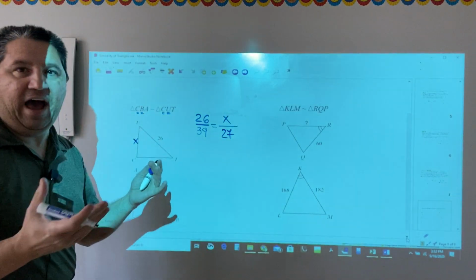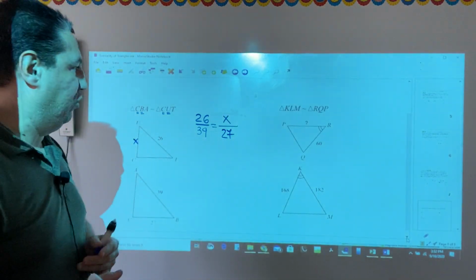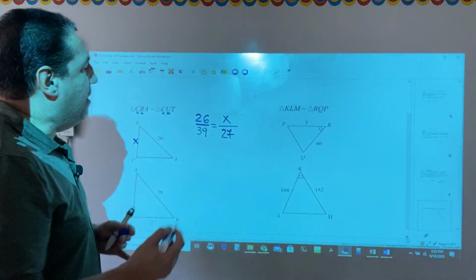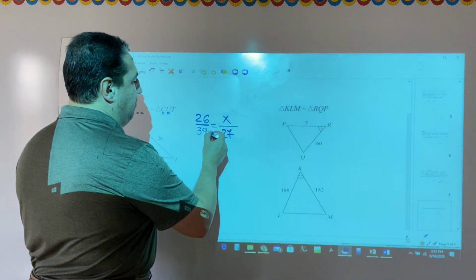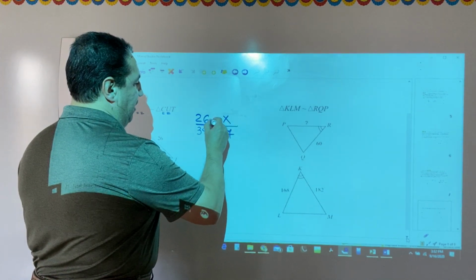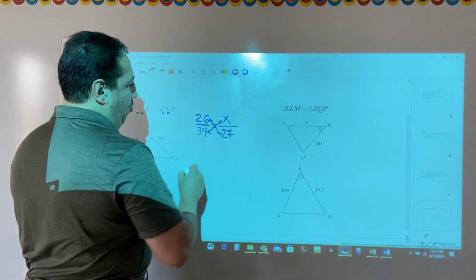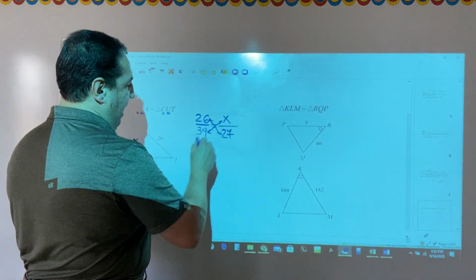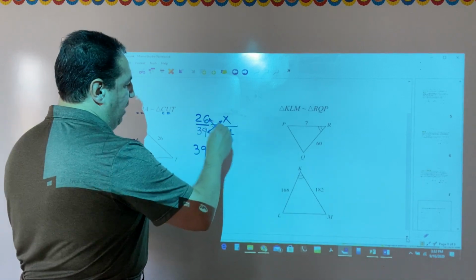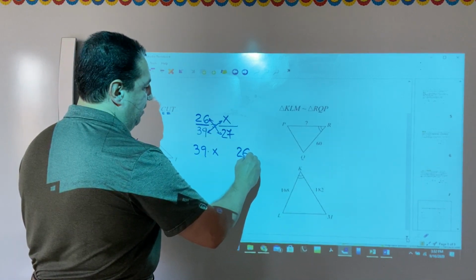So, we have a proportion. How do we solve a proportion? By cross multiplication. We multiply diagonally, right? So we multiply 39 by x, and then 26 by 27.